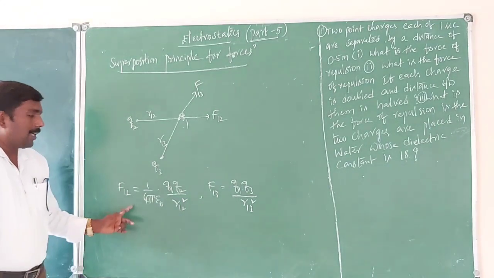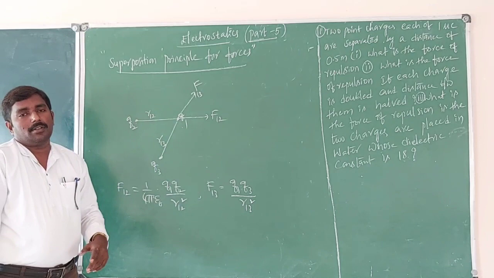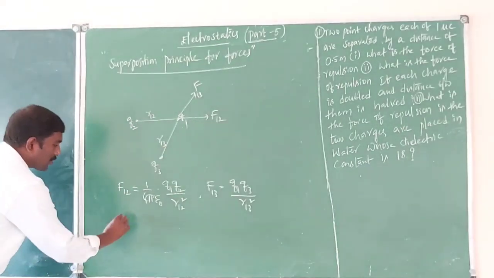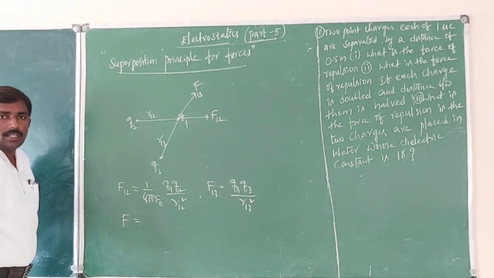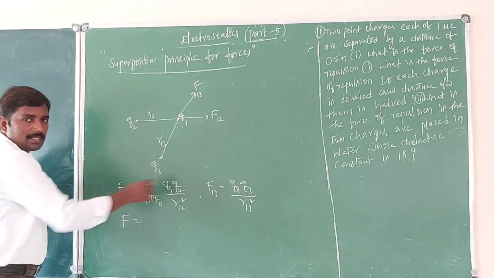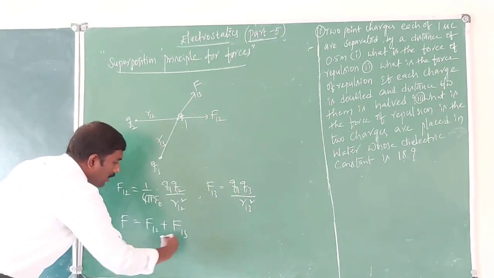Then, according to the parallelogram law of vector addition, the net force is equal to the vector sum of the individual forces, F12 plus F13.